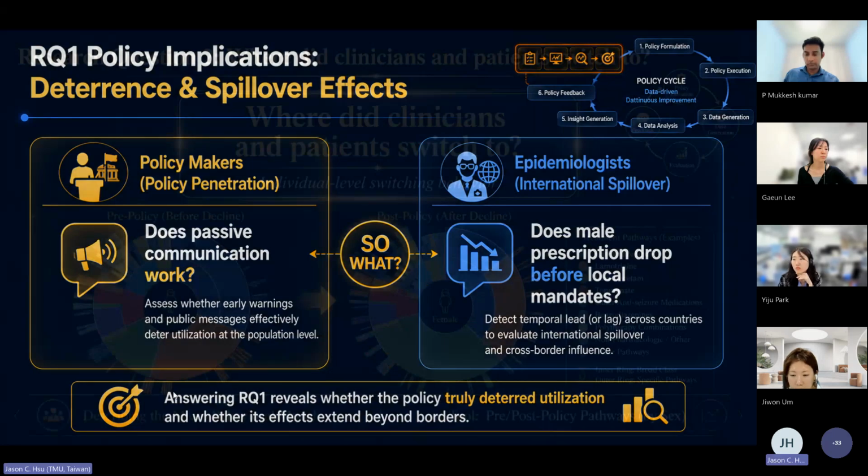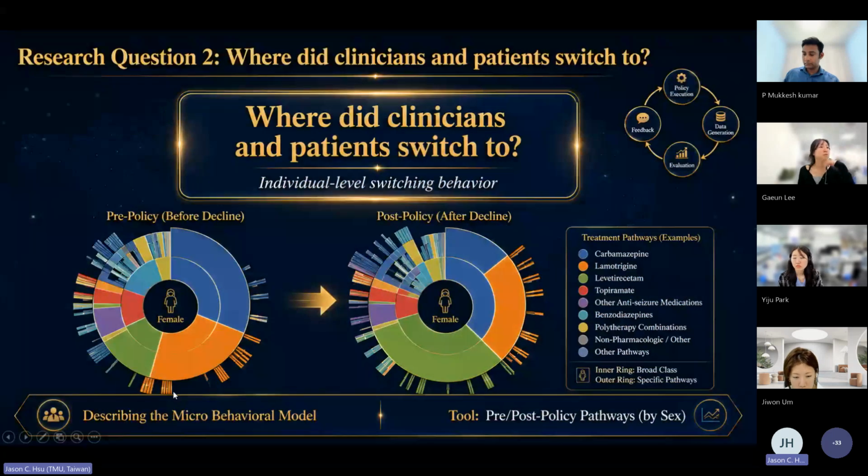Then question number two, which is the micro behavioral model. Where did those clinicians and patients actually go, and where did they shift to? This is a micro level behavioral model, and we will use the sunburst plot to map and track individual treatment pathways before and after the policy shocks.